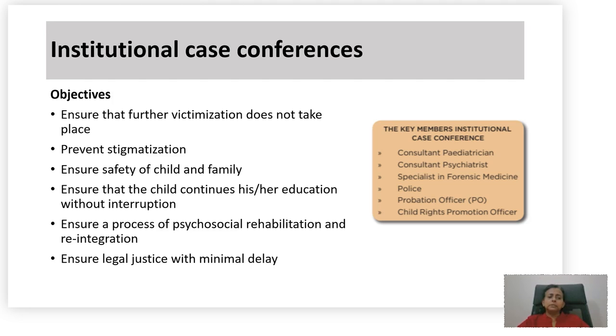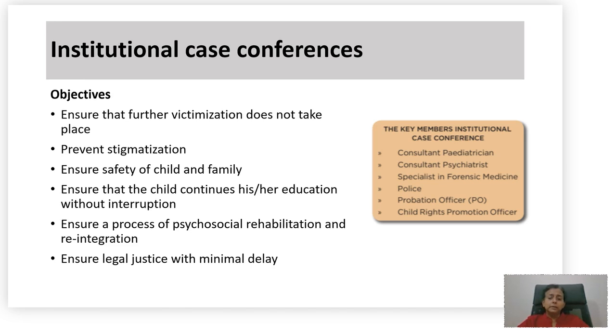Most of the time, when these girls are coerced into a relationship and abused, they run away from home, and when they are brought back, the parents are so keen to remove them from the current schooling. So how do you ensure that their education is continued and uninterrupted?